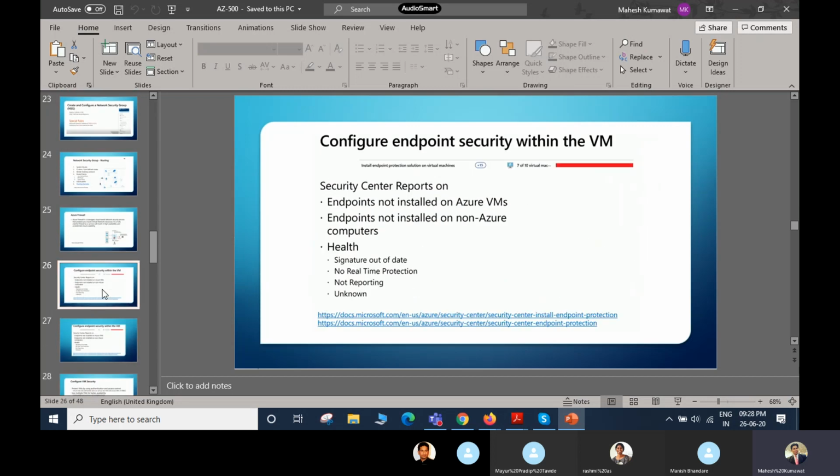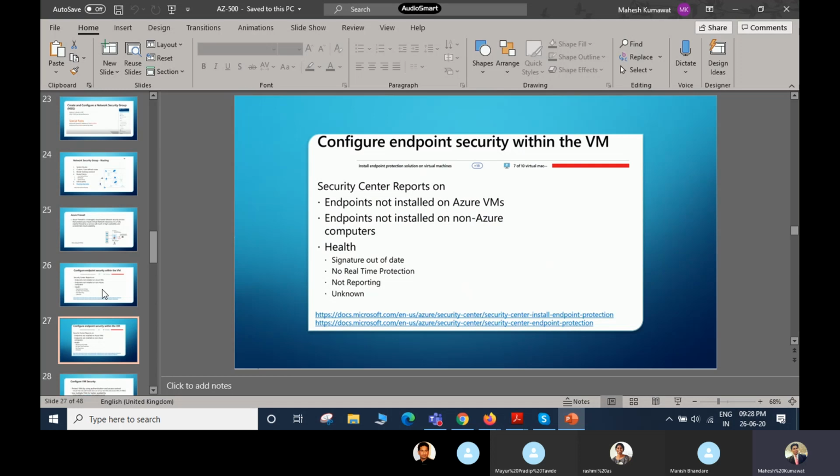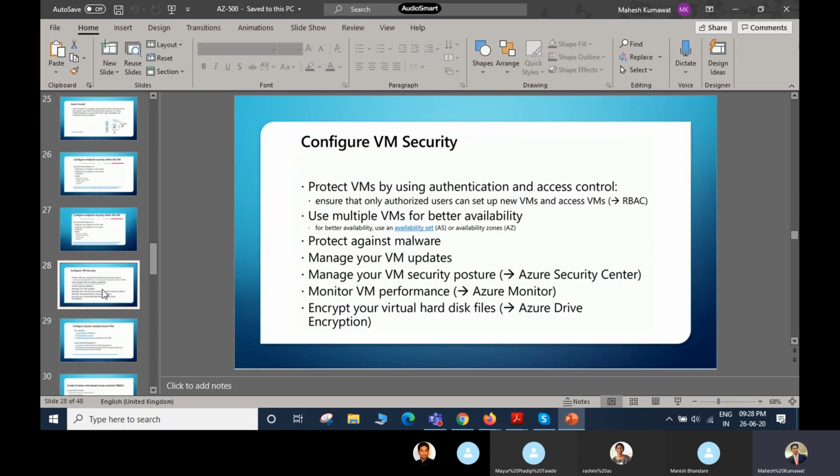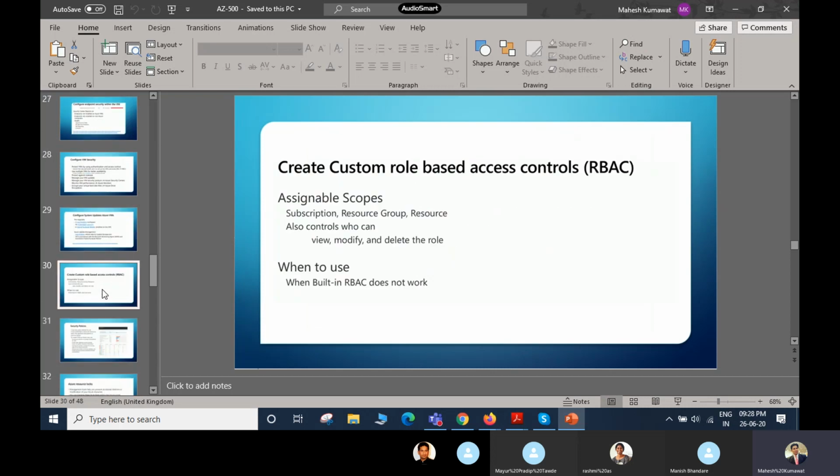You want to perform it, Azure Firewalls you want to enable, configure endpoint security with VM, virtual machines, VM security.